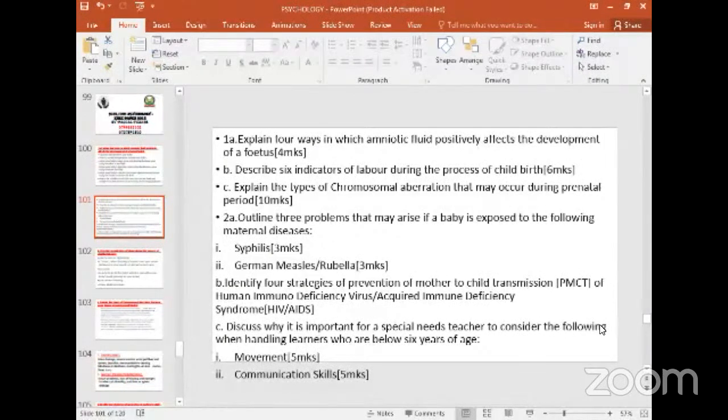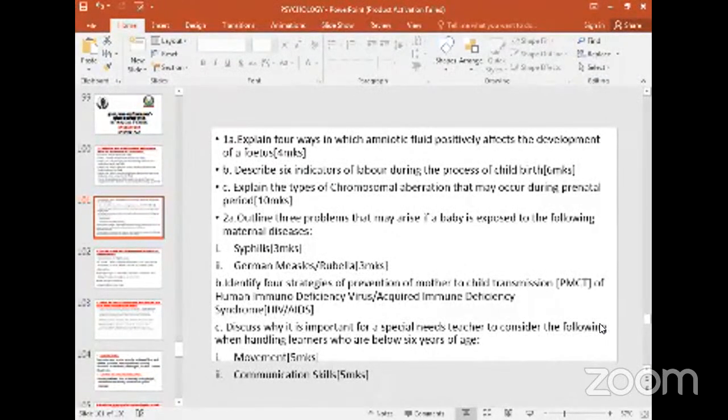Hiyo ni male. Hao ndio unakuta ni hermaphrodite, anakuwa kama X 2 na Y 1. Utakuta ile ya male iko active as well as ile ya female. Josephine, you are breaking.